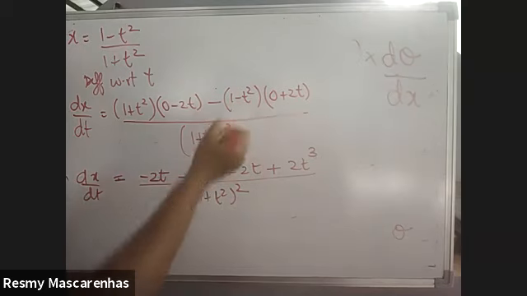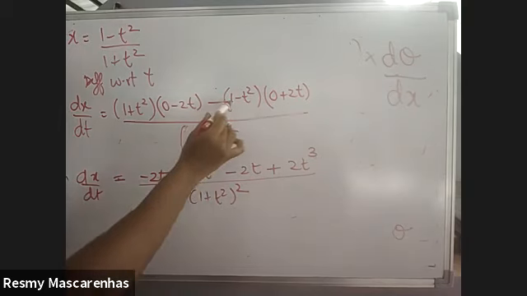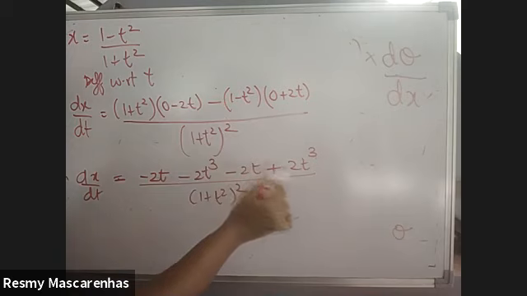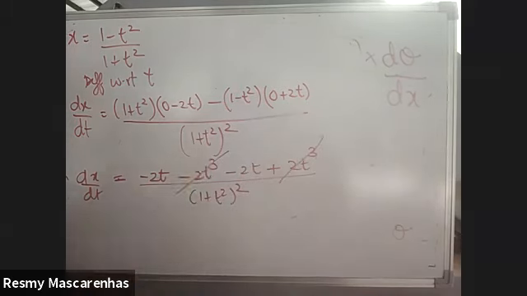So if you don't put brackets, this minus will belong only to this and you will make it wrong. So please put brackets while solving. So this is answer of dx upon dt. So same way find dy by dt using u upon v formula.